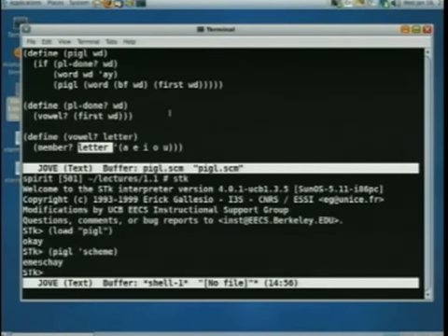Scheme doesn't care what word you use as a formal parameter, as long as it's not the name of a primitive or something that you need. You can use any word you want, but use a word that helps you understand. Here, my argument is a whole word of many letters. Here, the argument is always going to be a single letter, so I'm reminding myself of that by the name that I picked.